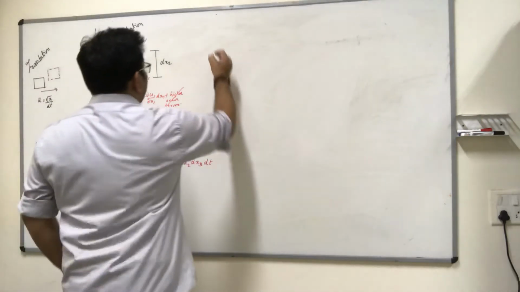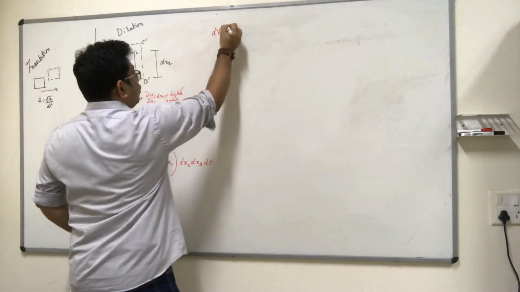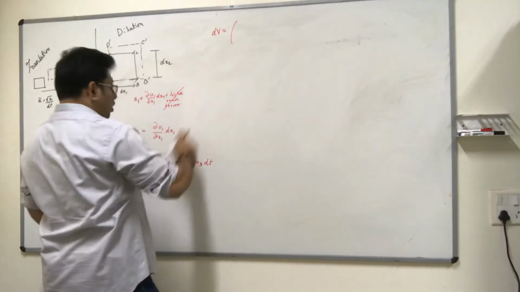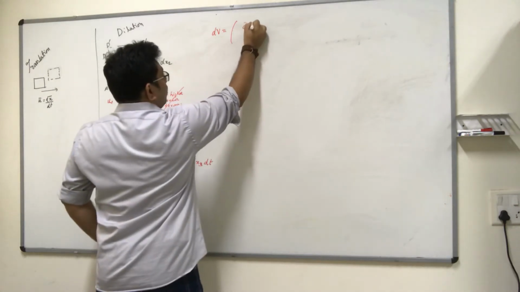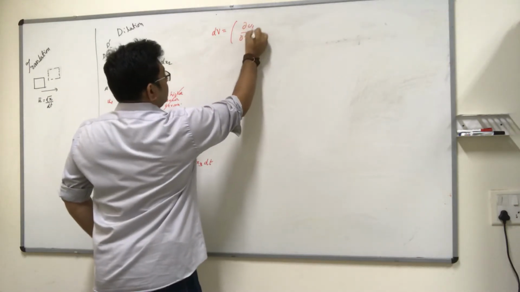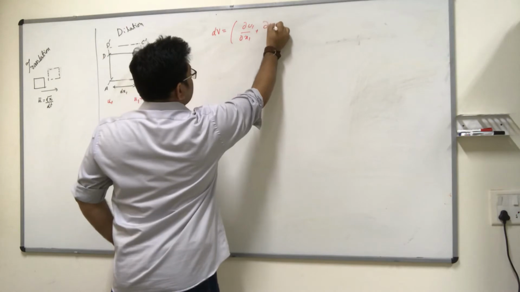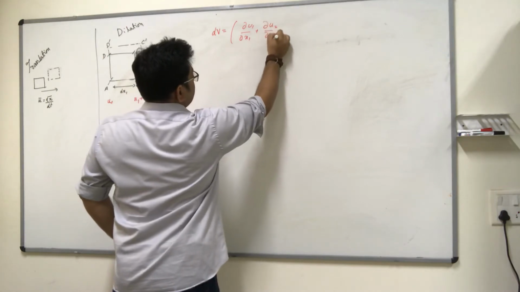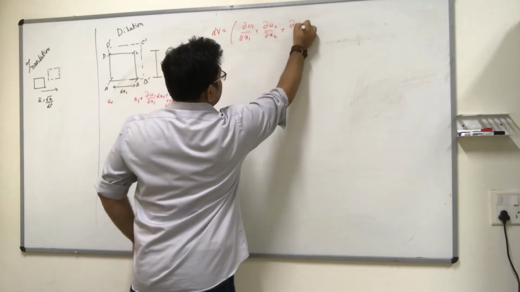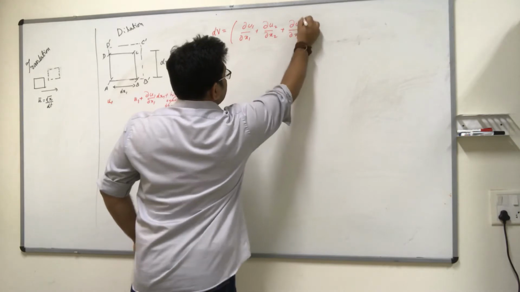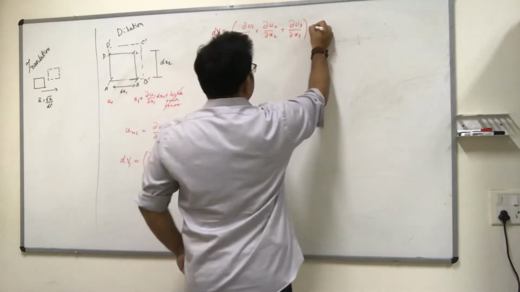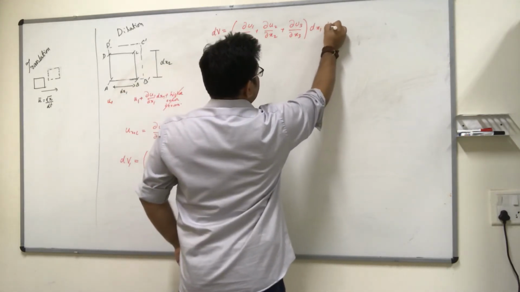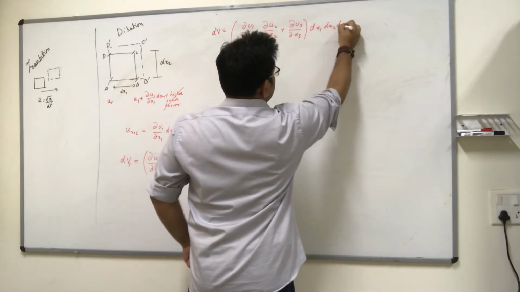So my total dV, due to all these factors, you can see that it's rather straightforward, right? If you try to generalize. And then you have dx1, dx2, dx3, dt.